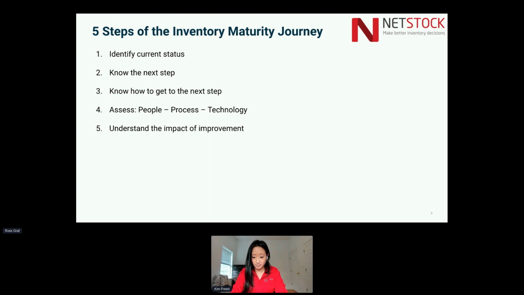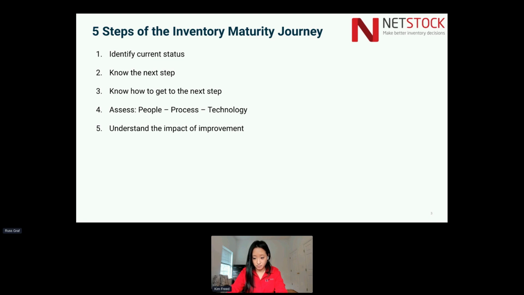What tools, what processes, what technologies, all those kinds of things do I have in place today, and where do I stand? And then know what the next step is, right? Where do I want to get to from where I am? Once I know my current level, what's next on that journey? And then importantly, how do I get there?